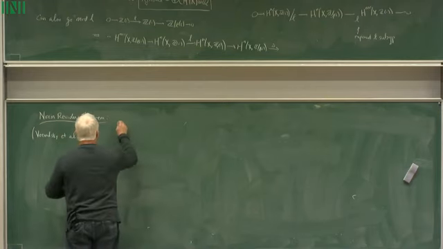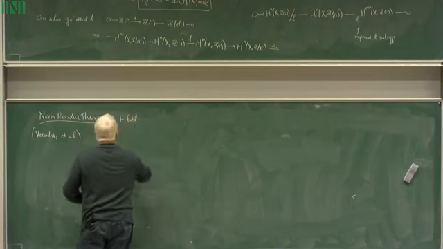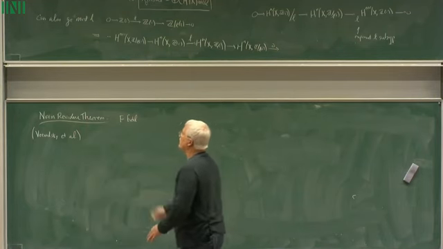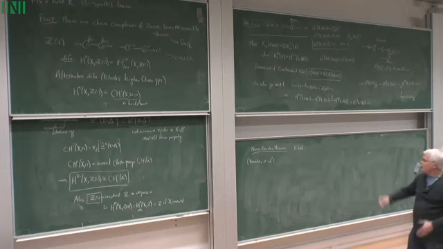So the theorem says if F is a field, and since I'm working in schemes over a field K, it could be K, but it could be any other transcendental extension field of that.